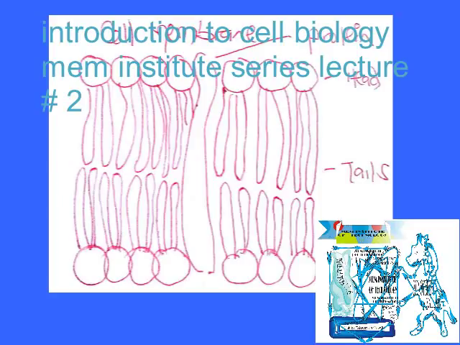Fluidity increases with increased temperature, increased content of short-chain fatty acids, and increased content of cis fatty acids. Cholesterol increases the fluidity of membranes that are not very fluid, but decreases the fluidity of membranes that are already fluid. The membrane is a dynamic assembly and things are diffusing rapidly in the plane of the bilayer.